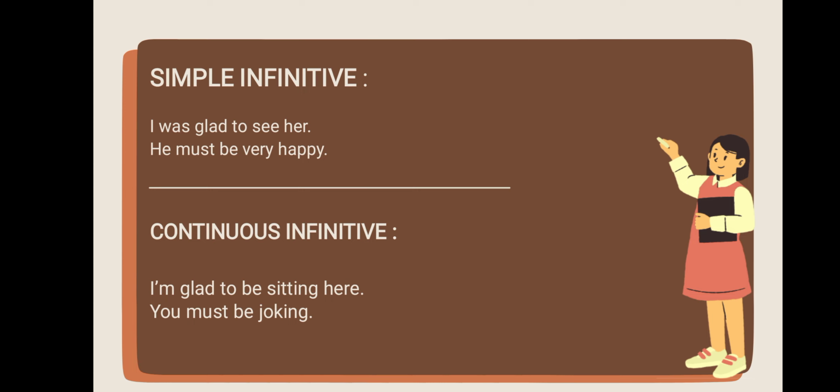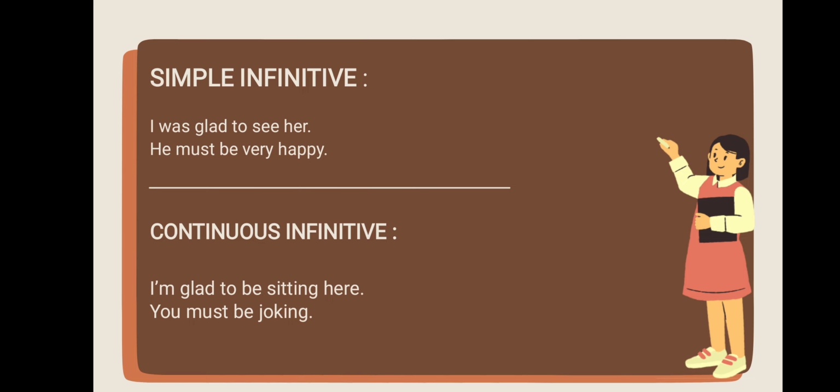Next one is continuous infinitive. It refers to the same time as that of the preceding verb and expresses an action in progress or happening over a period of time. For instance, I'm glad to be sitting here. You must be joking.